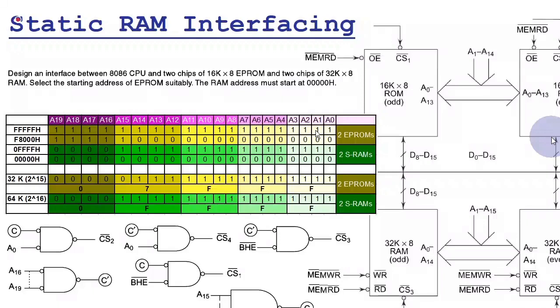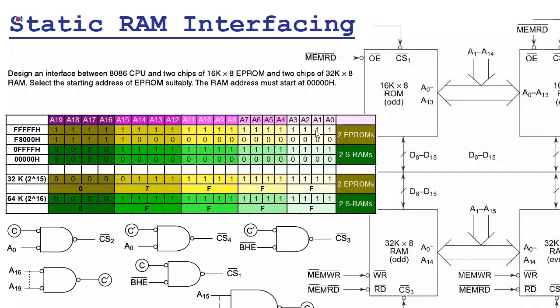Sir, according to the problem, there are two EEPROM 8-bit chips and two 32K by 8 RAM chips. So we are trying to attach them, and the RAM address must start at 00000H.